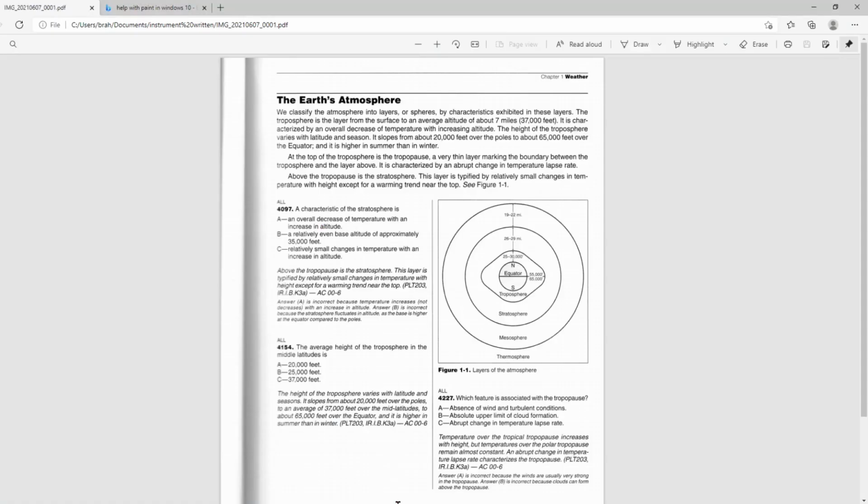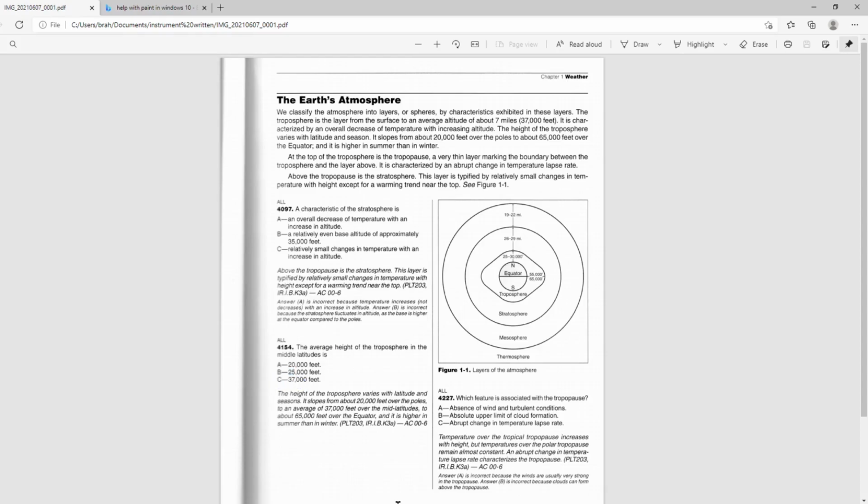So the average height of the troposphere in the middle latitudes is... if you think of Mount Everest, you know it's going to be over 20,000 feet, over 25,000 feet, and in the middle latitude. So 37,000 feet makes sense, because on Mount Everest the air still contains oxygen at 25,000 feet.